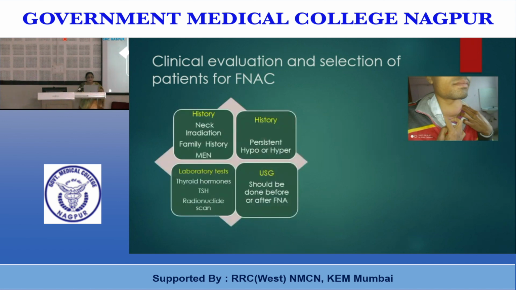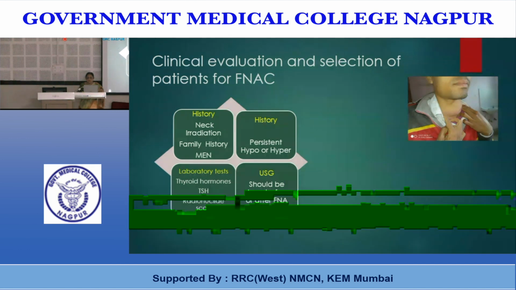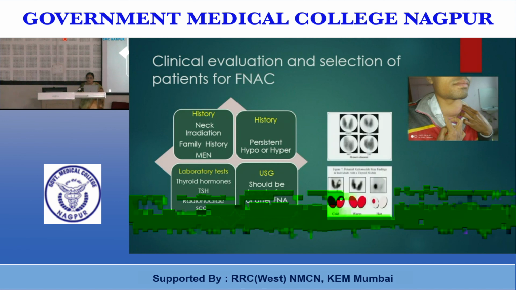the most important and the simplest one that you should have before you do an FNAC is the TSH, which has a value of 0.3 to 5 international units. Euthyroid and hypothyroid patients are the safest to undergo FNA, but if the patient has a low TSH value or is clinically hyperthyroid, the patient must undergo a radionuclide scan to know whether there is diffuse involvement of the thyroid gland, as in Graves' disease, or there is a hyperfunctioning hot nodule.